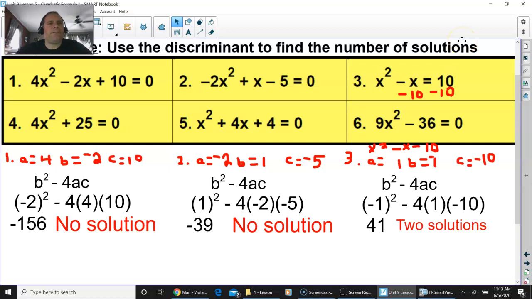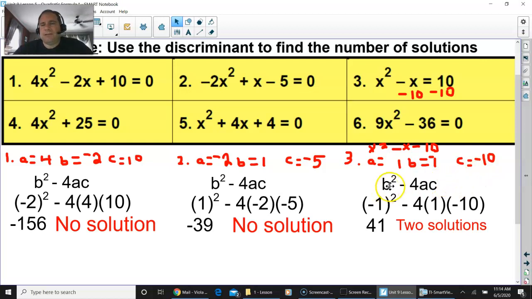So number 3, the first thing I told you that you would have to do is subtract 10 on both sides to make this a standard form quadratic, and you get x squared minus x minus 10. A is 1, B is -1, and C is -10. If you put C as +10, you are going to get the wrong answer.